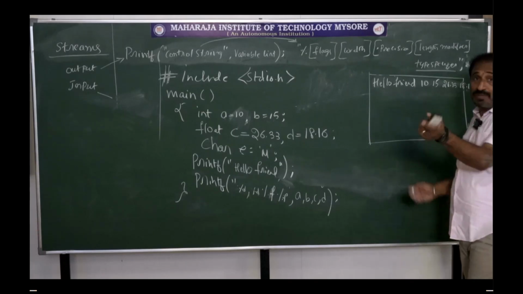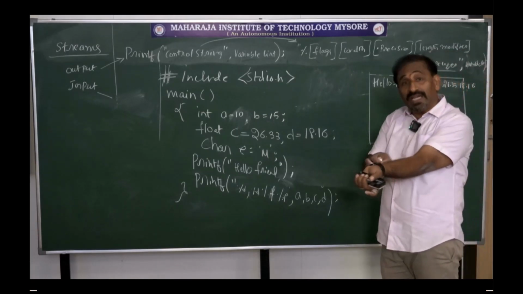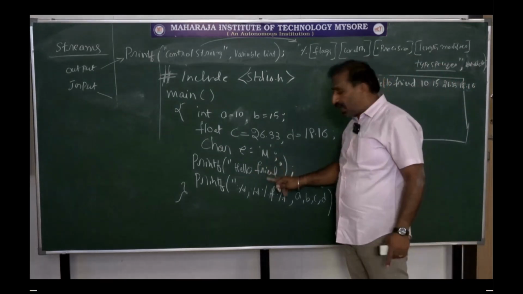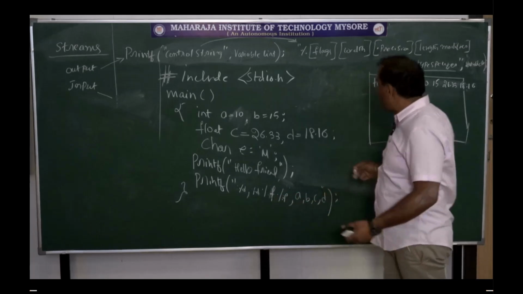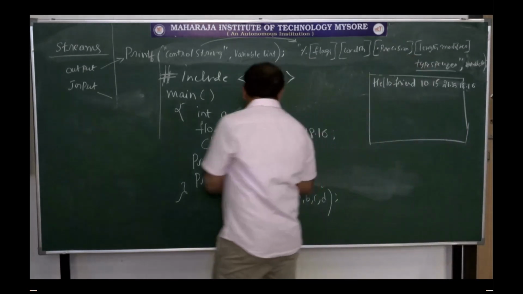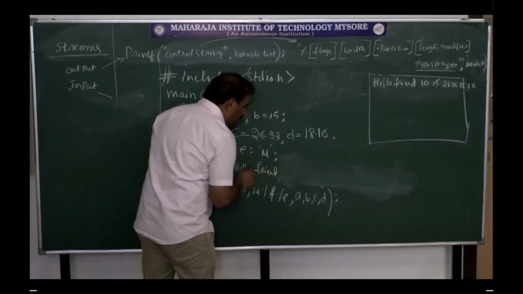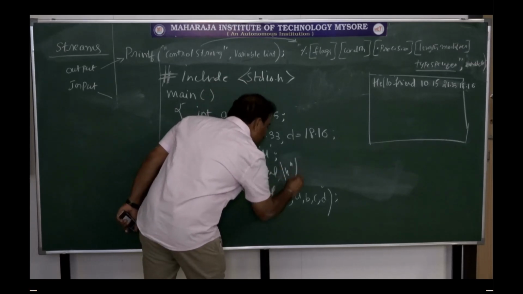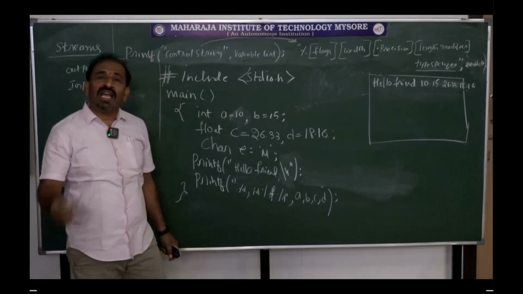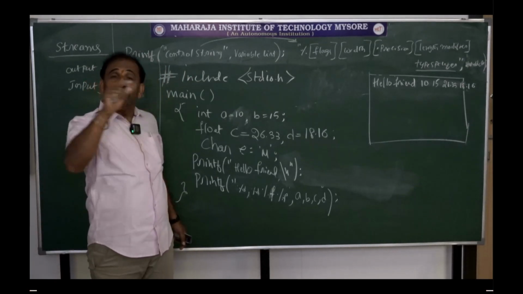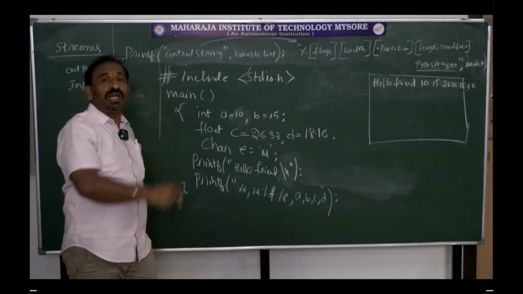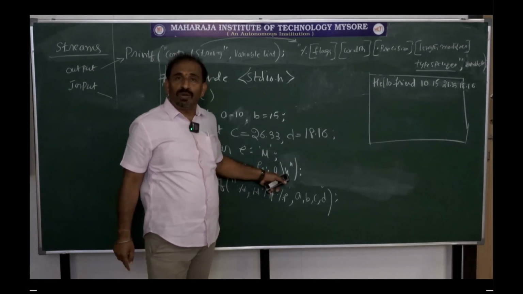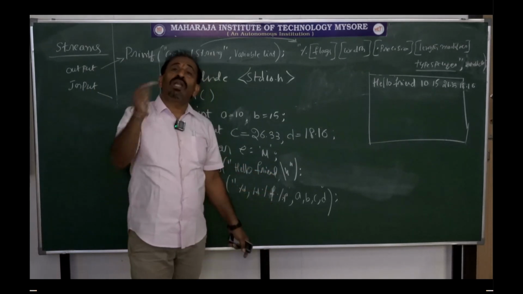By chance, if you would like to print these things in one line and these 4 things in another line, you can simply modify this one as \n. This is a special character, I told you in the last class. \n will add one new line.